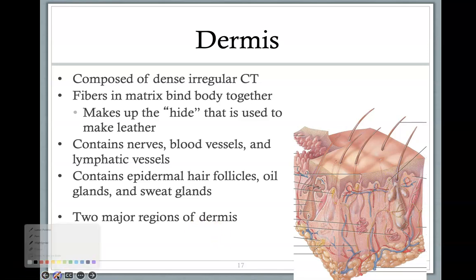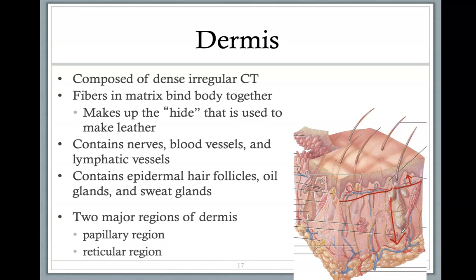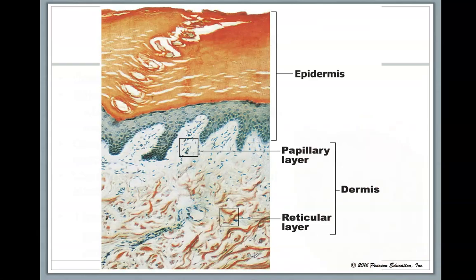Let me see if I can get my pen here. So this region, right here, from here on up is going to be the papillary region. And then from here on down will be the reticular region, okay? Hopefully that helps you out.